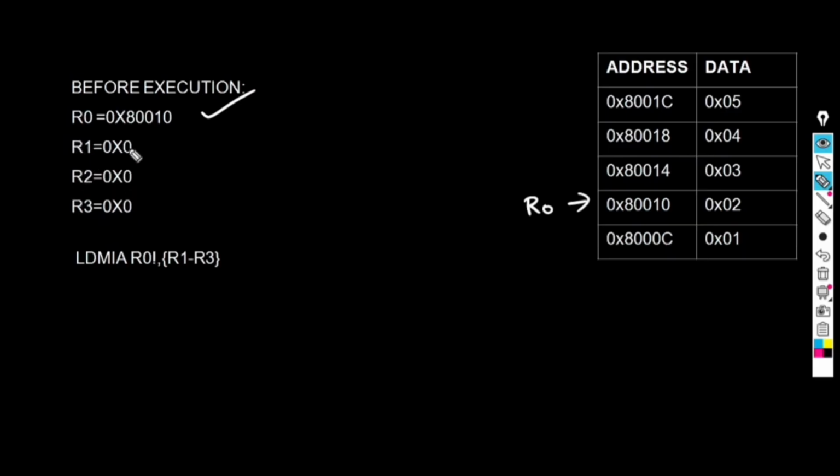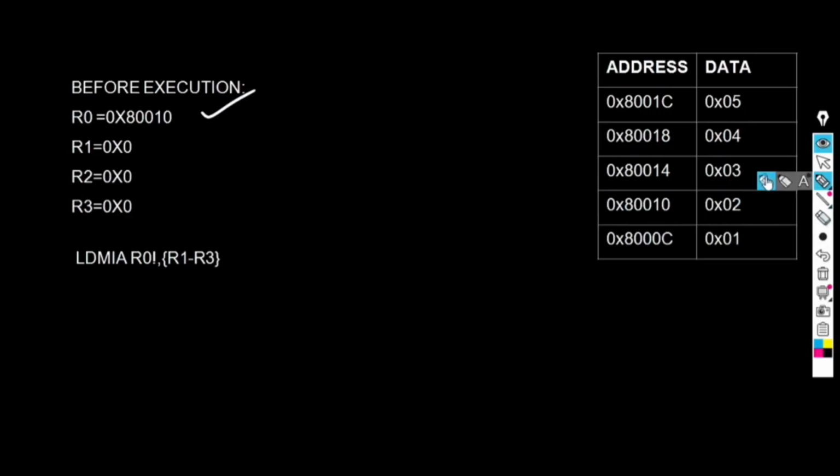It doesn't matter if it's 0 or any other value, because once the load instruction is carried out, it gets updated with the new values. I'm showing addresses 80010, 80014 and so on. The difference between each address is 4, because the value I'm showing here is 32-bit data which occupies 4 memory locations.